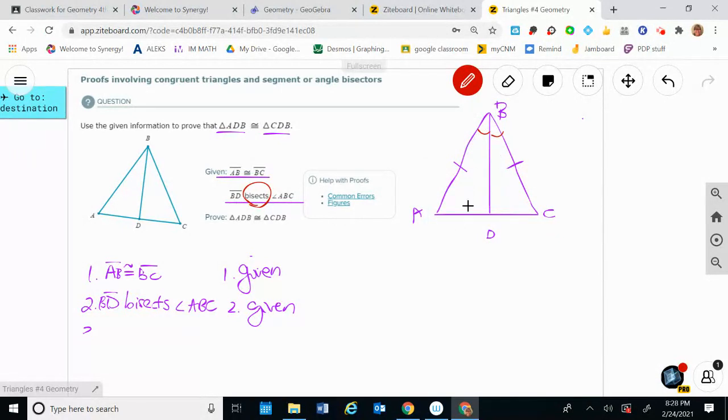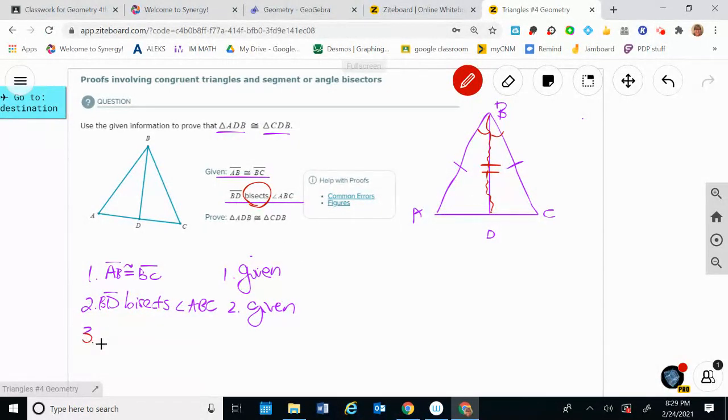Can we prove these two triangles are congruent? What do we have? They gave us a side, and we figured out this angle, and look, they have a third side right here. They share a side. This is where I was telling you you're going to have that weirdo statement of BD is congruent to BD because you have to state it because it belongs to both triangles.